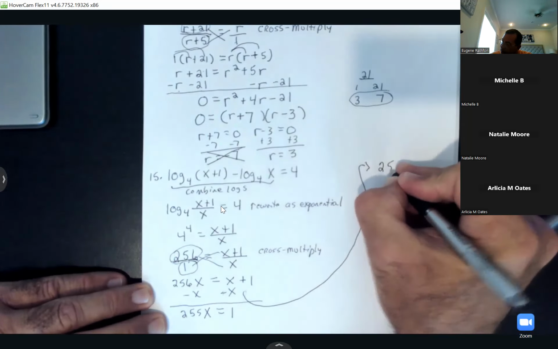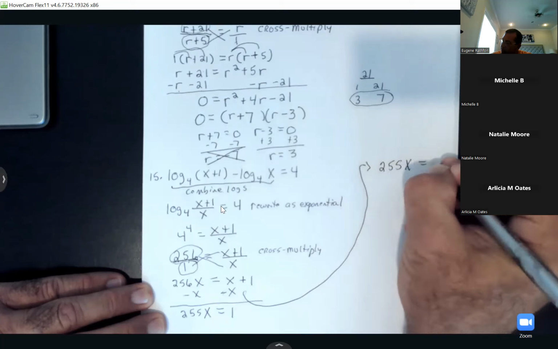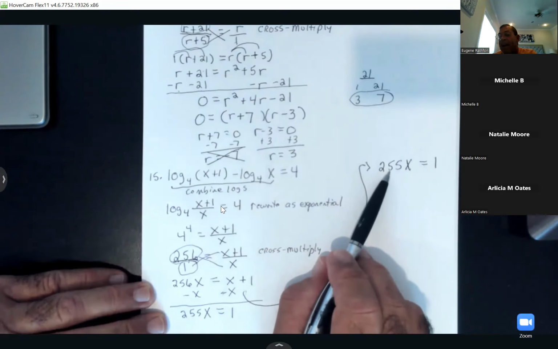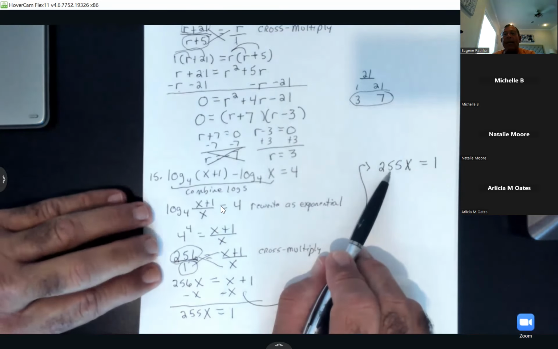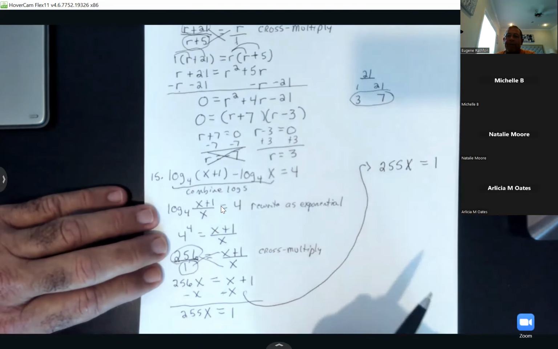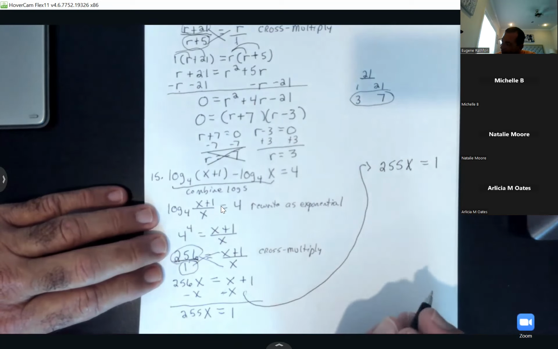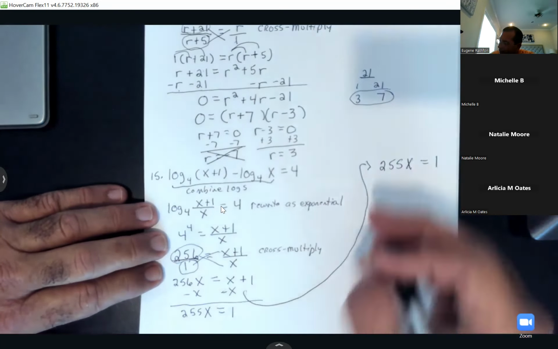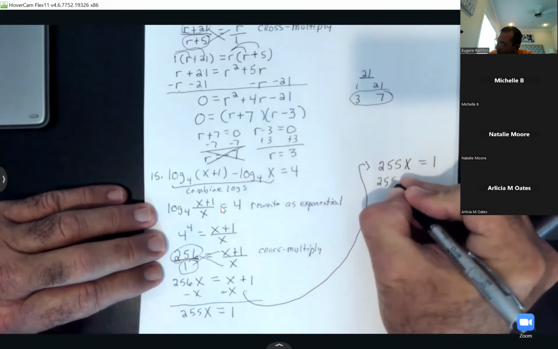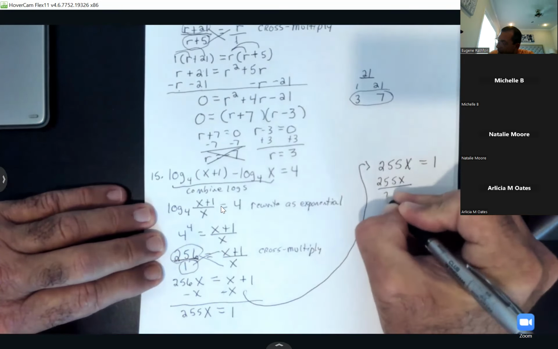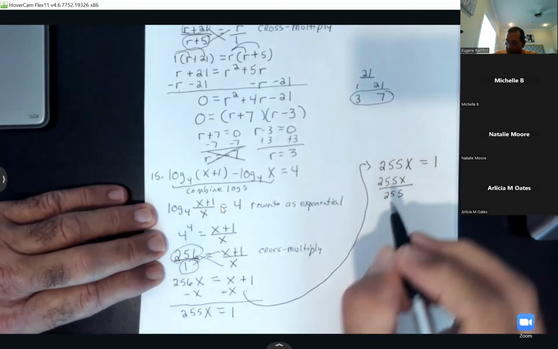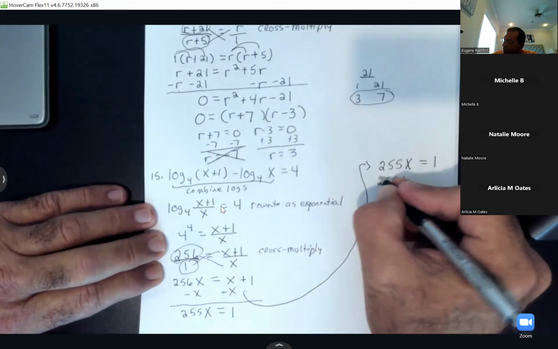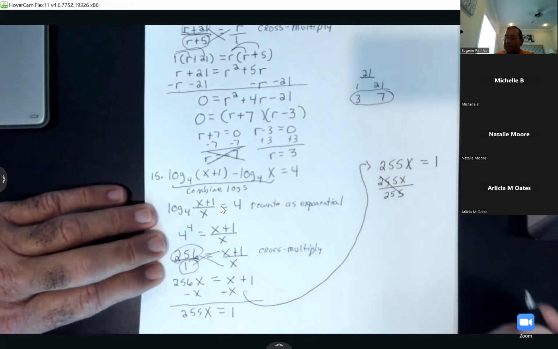So let me write that up here. If you want to turn this 255 x's into 1x, what are you doing? Dividing. You want to divide, remember, because 255 divided by 255 will give me my 1x over here.